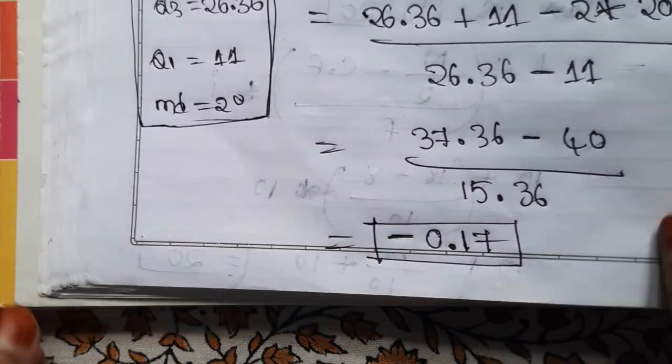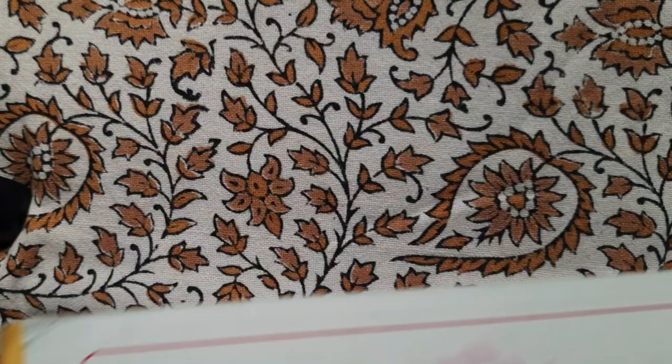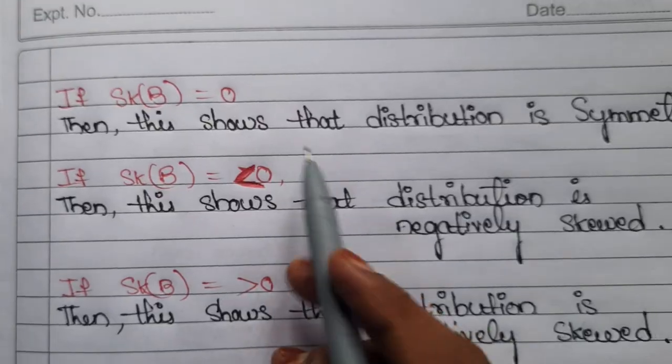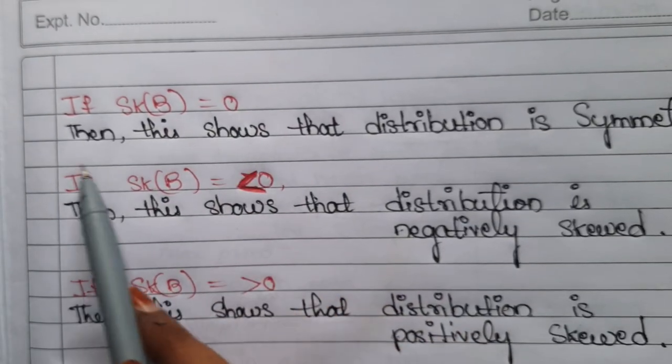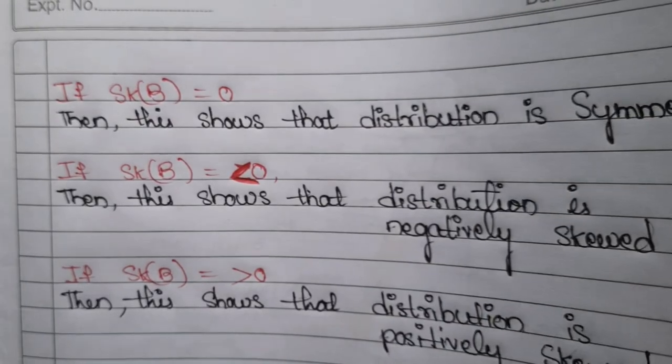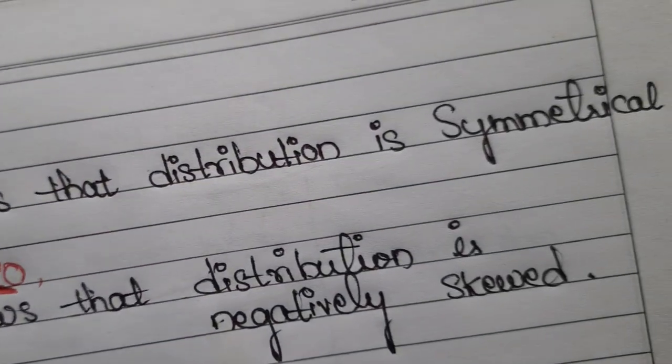Yes or no? So we have a few rules on this skewness. Let me show you what those rules are. If the skewness equals 0, then this shows the distribution is symmetrical.